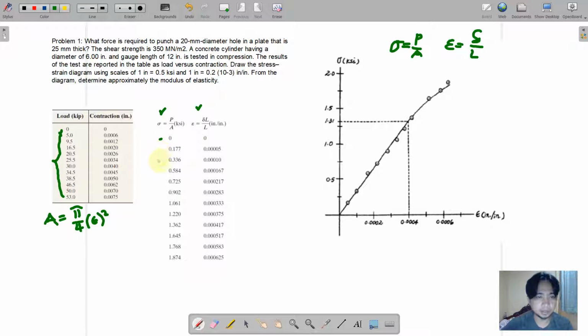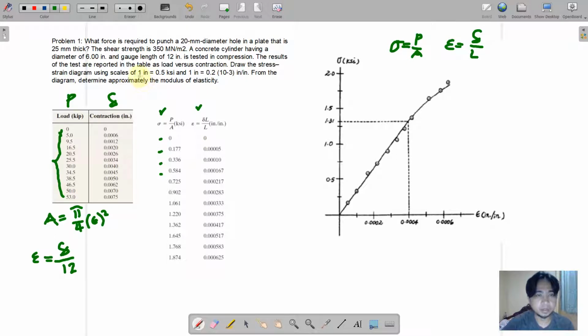So the corresponding stresses are shown here, and then similarly this epsilon is derived out of the contraction. So contraction here is delta, and that is P. So all of the delta were divided by the length that is equivalent to 12 inches. So this is how epsilon was derived, and then we come up with these values.